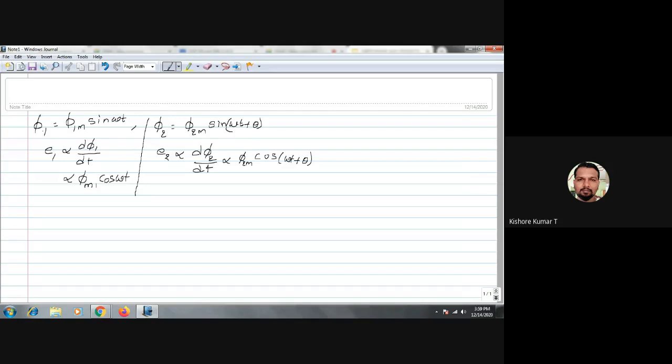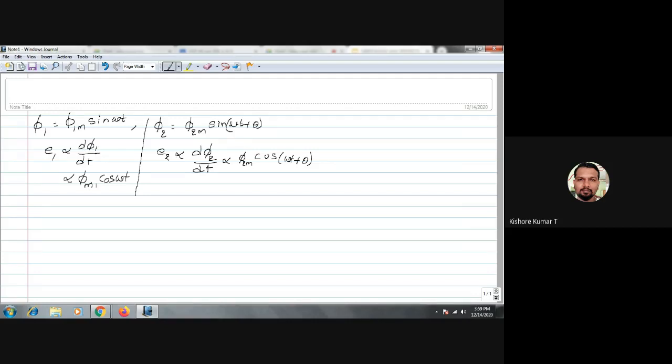So phi 1 is the amount of flux set up by the upper magnet or upper pole, and phi 2 is the amount of flux set up by the bottom magnet or bottom pole. Since a phase shift is provided here, theta is the phase shift between phi 1 and phi 2. So phi 1 induces EMF E1 in the disk, which is d phi 1 by dt.